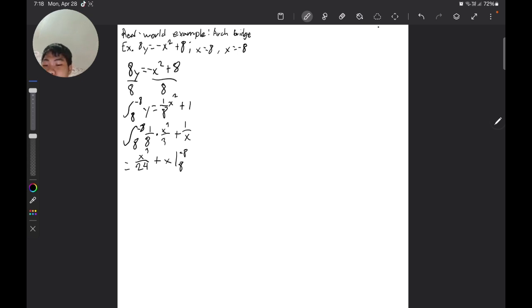After getting the antiderivative, we will now plug in the upper and lower limits. Then solve for the following.